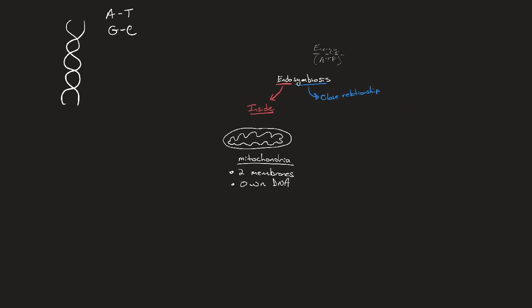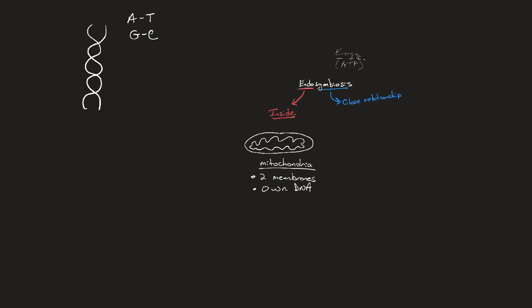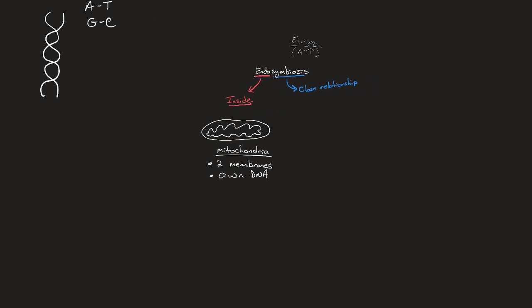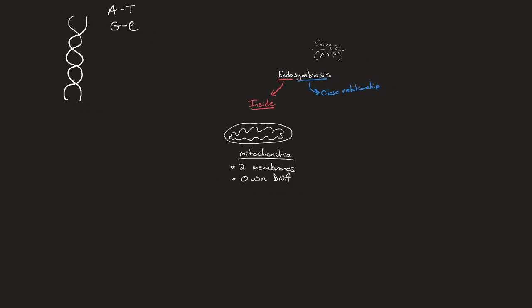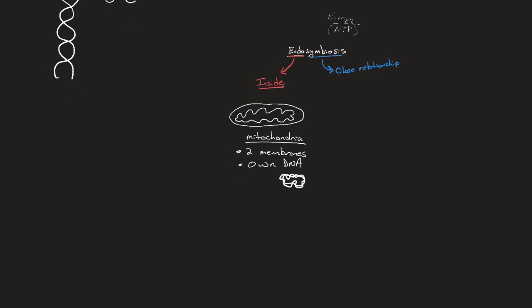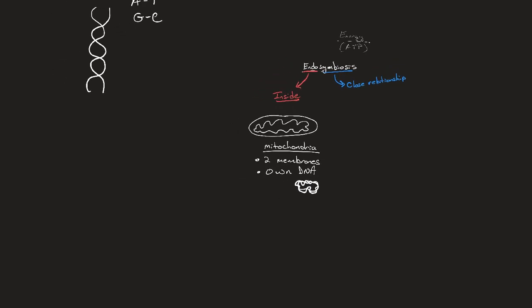Hydrogen bonded together. Everybody knows that. Should know it. The DNA in the mitochondria is circular. It's still double-stranded, but it's circular. Isn't that weird? It makes its own DNA.